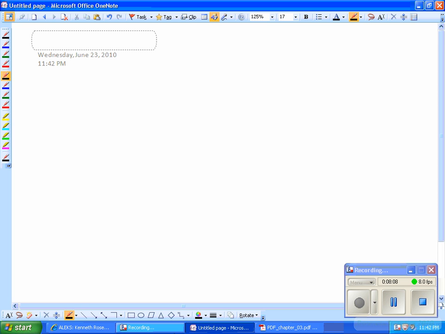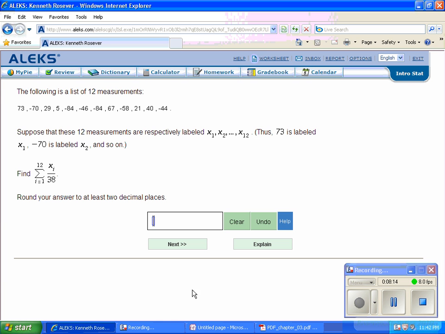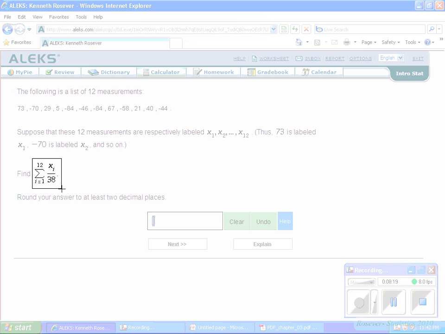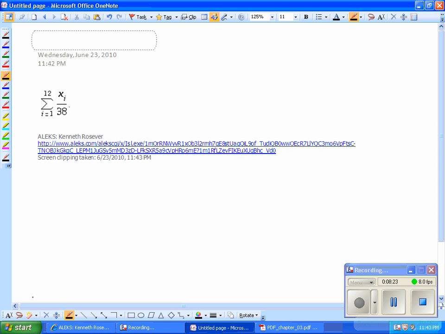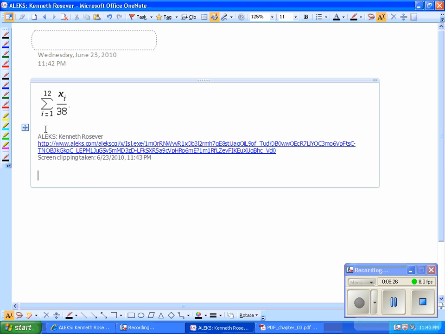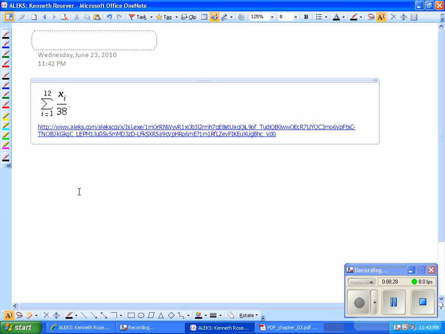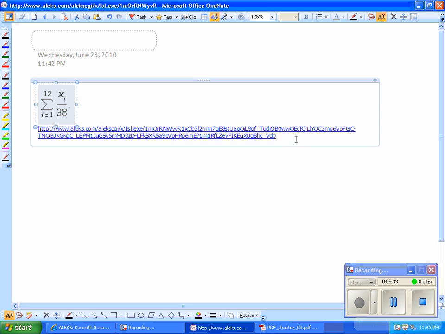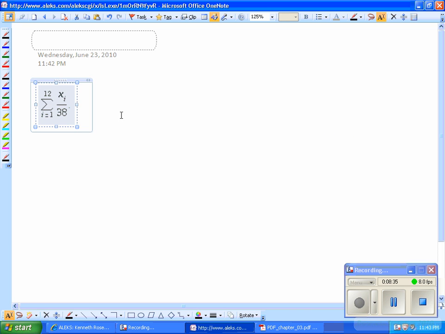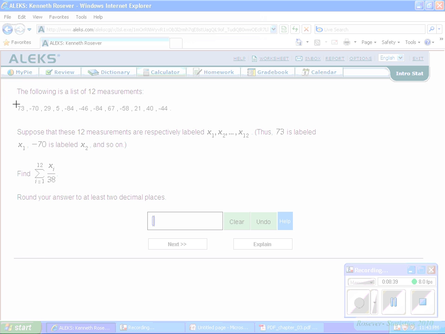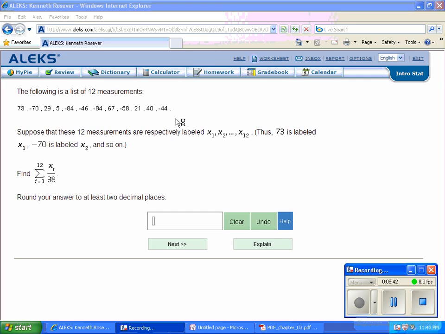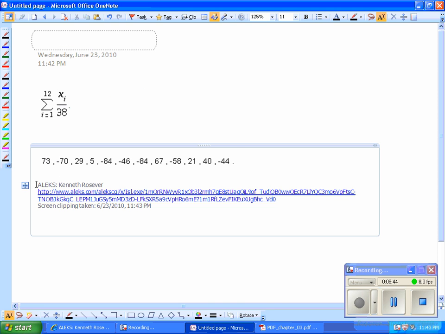They want me to do the sum of the x_i's over 30, and it's a complete index again. So let me just copy this. I put it in there, and I'm going to erase this. Why did it do that? That was weird. Okay, and the other thing I'm going to copy is these guys right here, because this will make it very easy to show you.